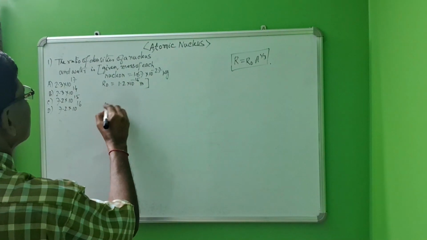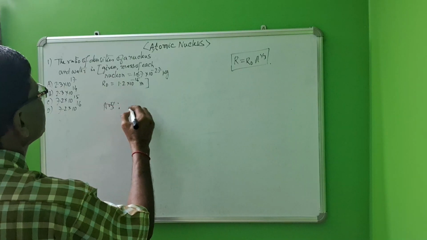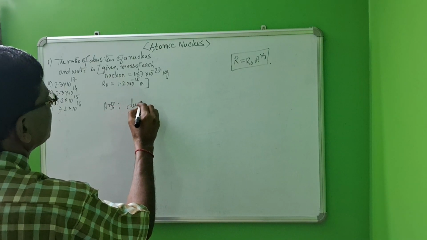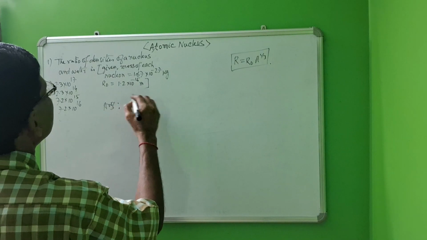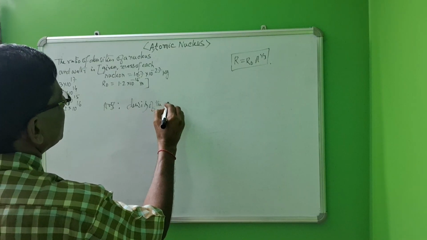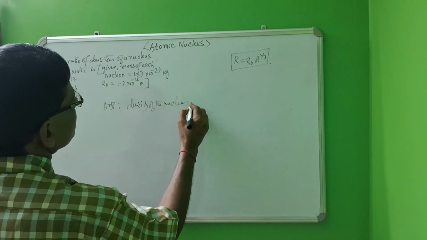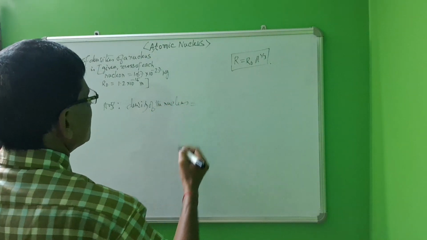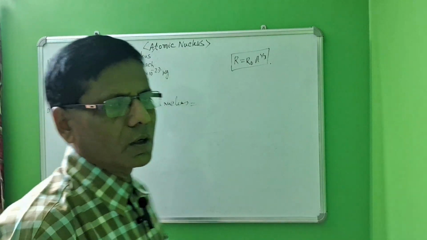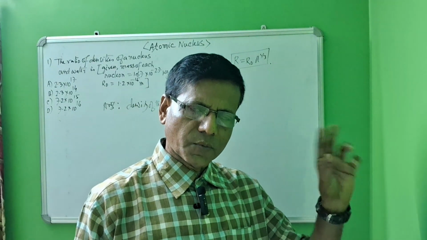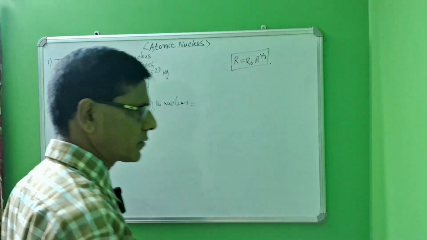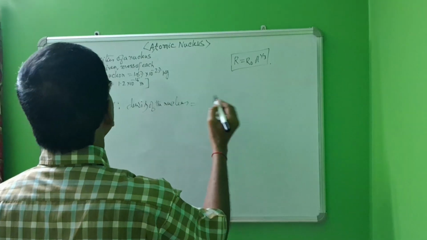So here, in answer to this question, you can write the density of the nucleus equals, what is this? This is the mass number multiplied by the mass of each nucleon, divided by volume, you know it.